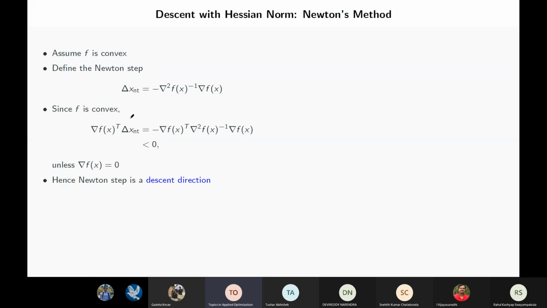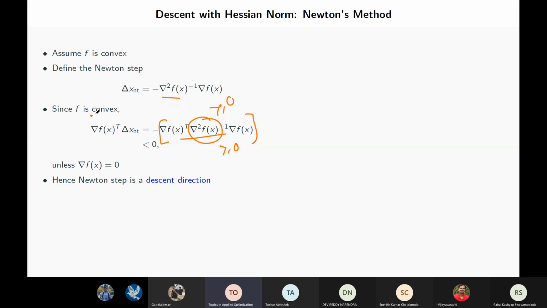So if f(x) is convex, then we can show that it's a descent direction, because this is negative, right? And since f(x) is convex, this is positive definite, and there is a negative here. So this overall is greater than or equal to 0, but then you have a negative of that.